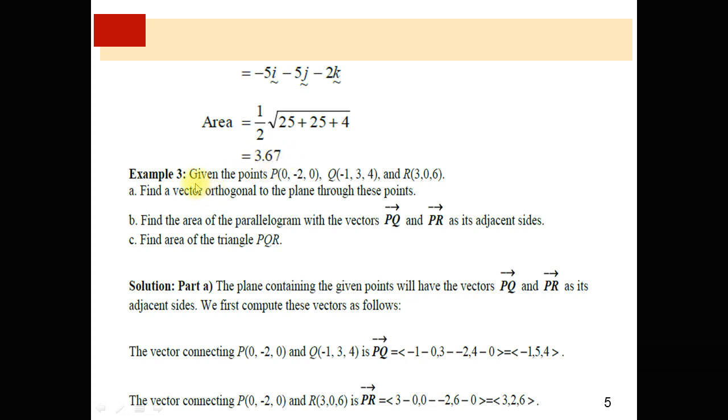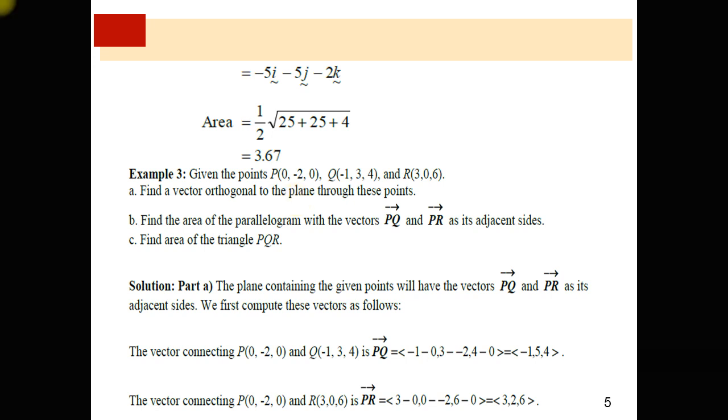Now another example, given the points P, Q and R. In this example there are three parts. Part A, find a vector orthogonal to the plane through these points. This statement means that we find the cross product of two adjacent sides.